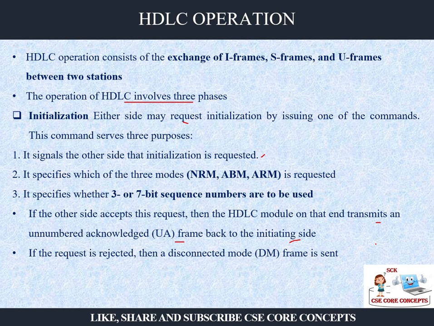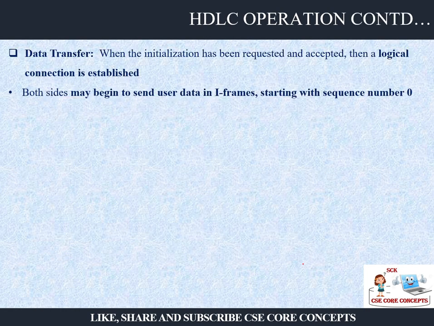It will tell which mode I want and the sequence number, and if station B says yes, I want to talk to you, B will send an unnumbered frame stating yes, we can communicate. And if it rejects the request, saying no, I don't want to communicate, it will send a DM frame, that is disconnected mode, meaning I don't want to initialize.